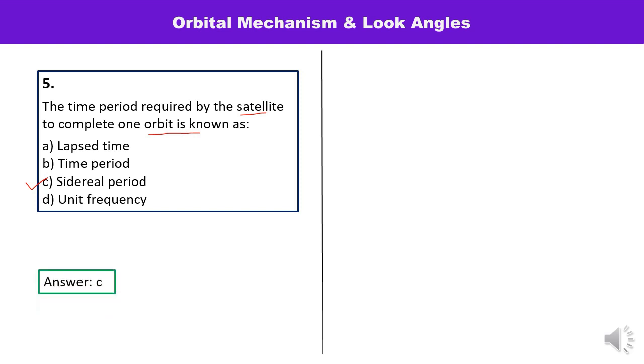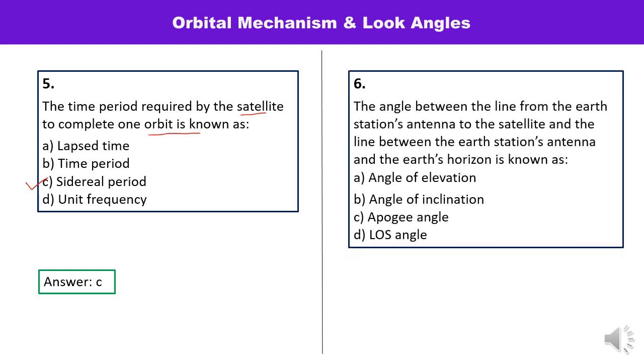Next question is, the angle between the line from the Earth station antenna to the satellite and the line between the Earth station antenna and the Earth's horizon is known as. For such type of questions, you have to read the questions carefully. This is actually the angle of elevation.